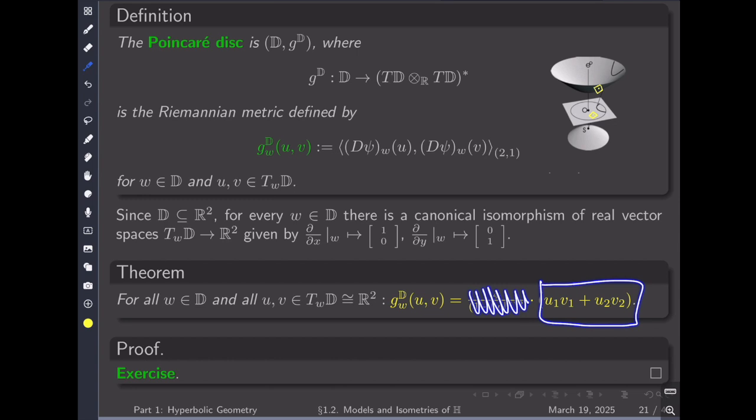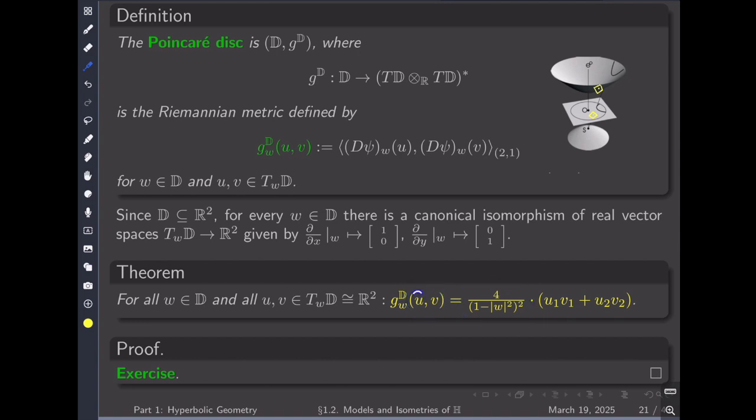Although I said I don't care how it looks, it still doesn't look so bad. And what the scalar is telling you is that when you let your W go to the boundary circle, these two vectors become longer and longer. I mean, the dot product between them becomes bigger and bigger.